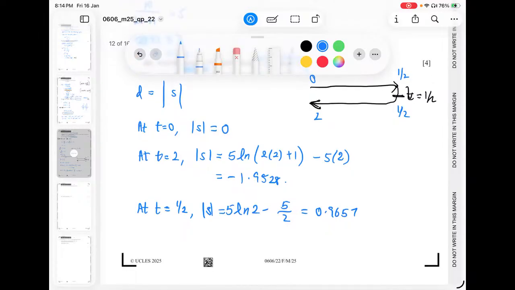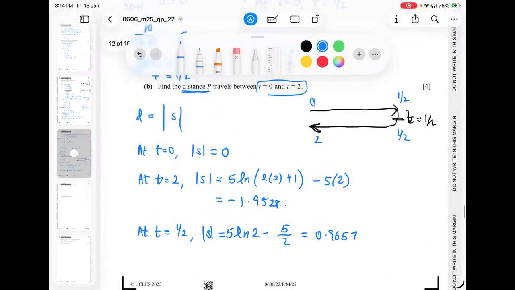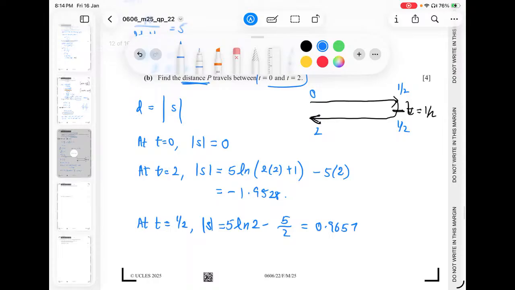So now you know from 0 to half is this distance, and the absolute value over here will be 1.9528 for 0 to t equal to 2.